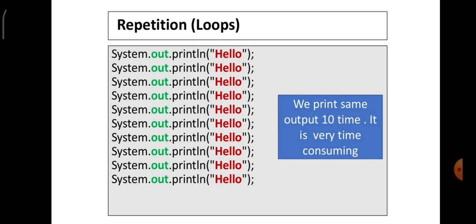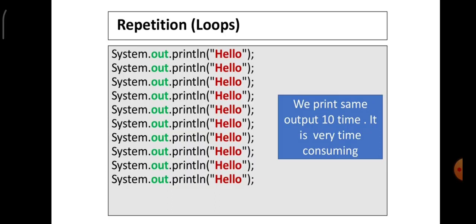You have to type this many number of times, but using the repetitive statement, you can call system.out.println only one time, so the loop will automatically print when the condition is true. So that is the advantage of having a repetitive statement.